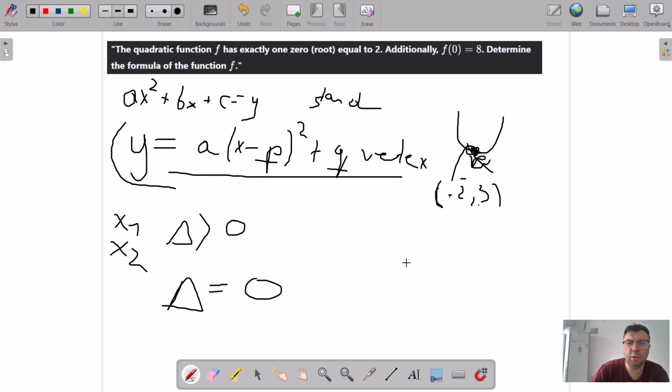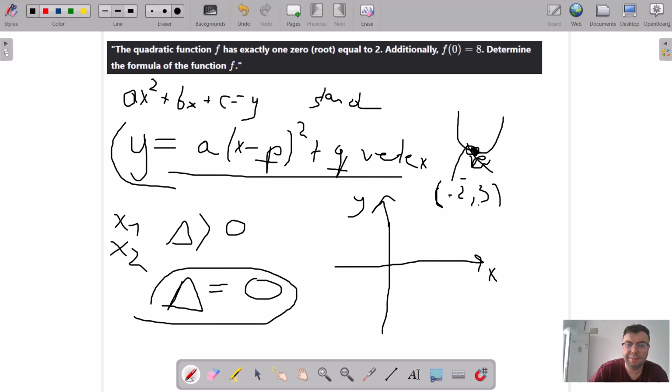Let's draw a Cartesian system of coordinates with x-axis and y-axis. We can see that if delta equals 0, it has one root. We know that the value of y equals 0 when x is 2.